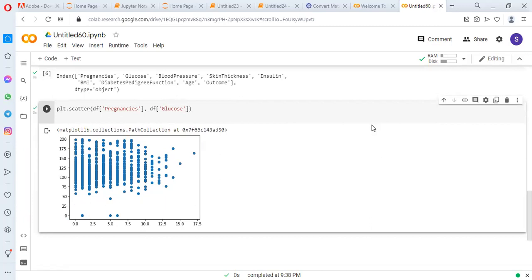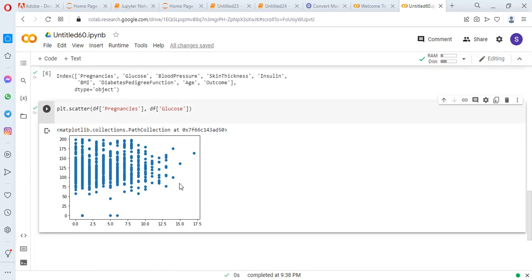So this is a scatter diagram of the two columns, X and Y. I'm comparing pregnancy and glucose, the two columns, and the data types are given like this.